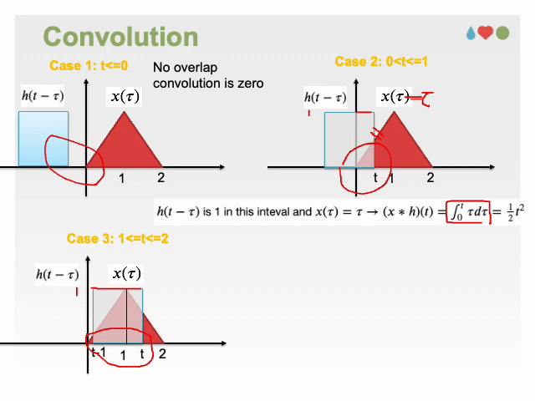However, we need to elaborate on the function x(tau), which has two different relations depending on its interval. Specifically, x(tau) is equal to tau for tau values between t minus 1 and 1, and it is equal to 2 minus tau for tau values between 1 and t.